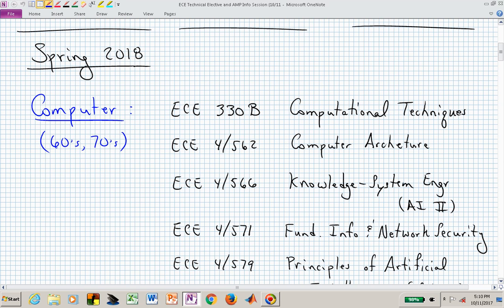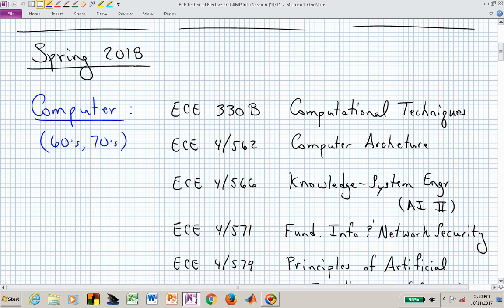and you can see that I'm already violating my 60s and 70s, but 330B could be classified as a computer class or a signals and systems class, so it's okay, and I hope it's okay that we number them whatever we number them.